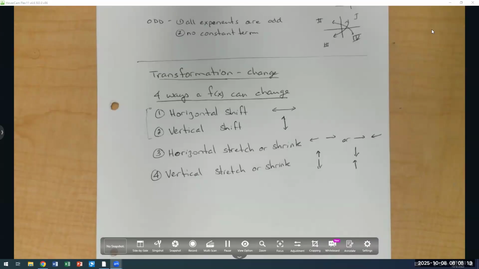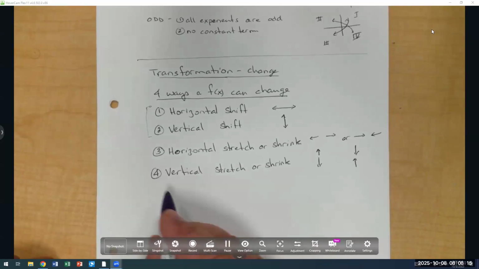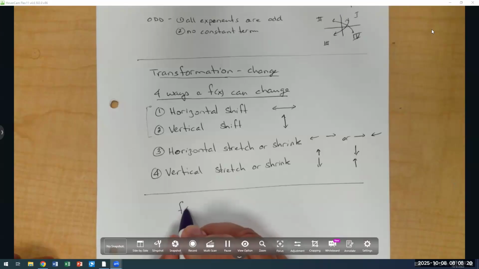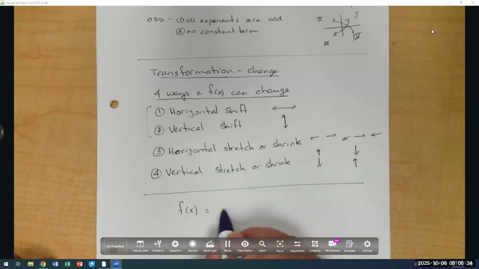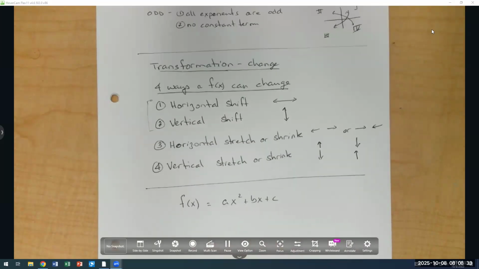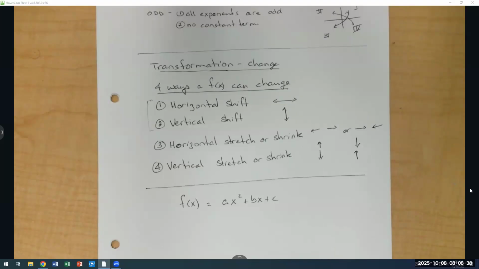So how do we know? We're used to seeing equations that look like this. Right? What kind of equation is that?